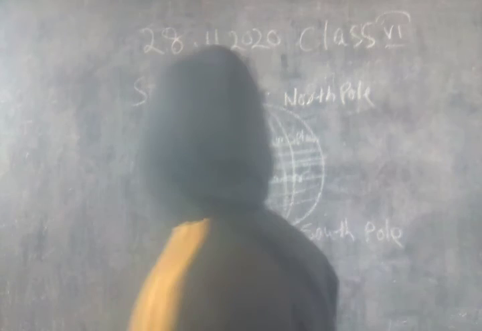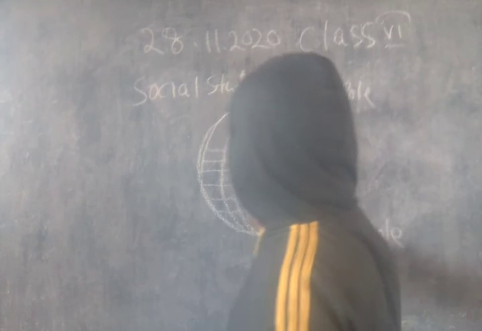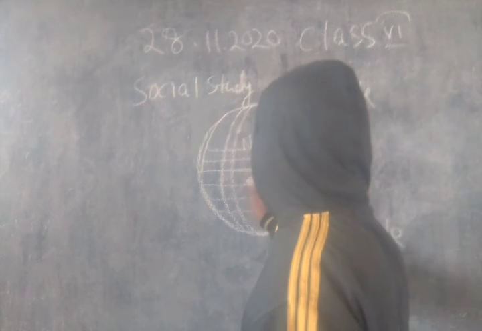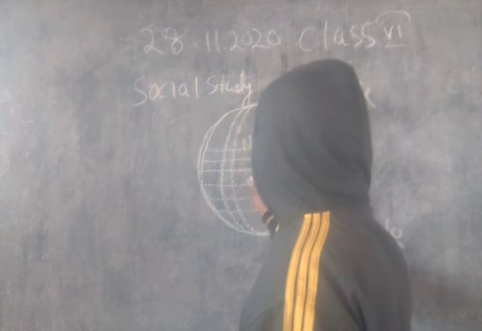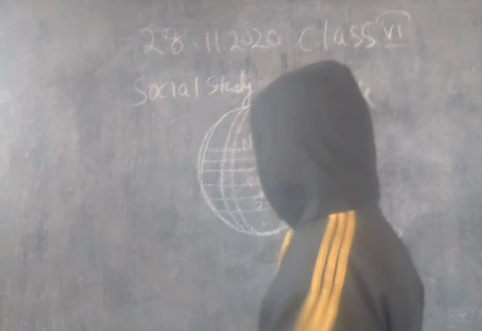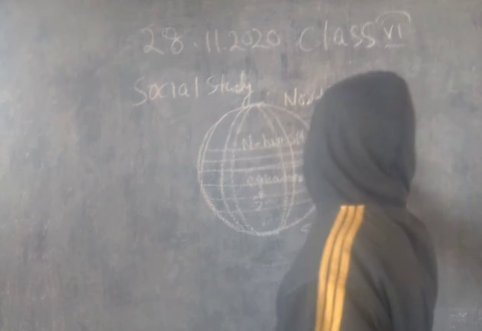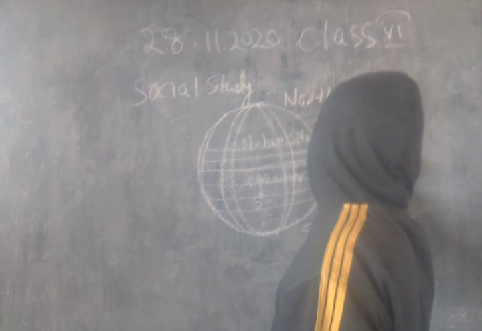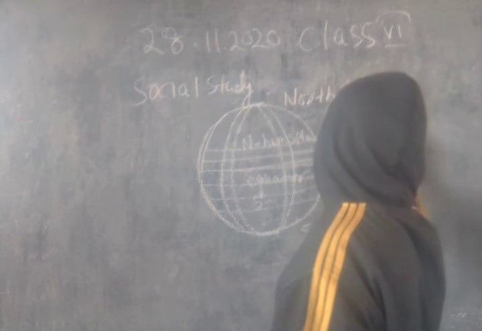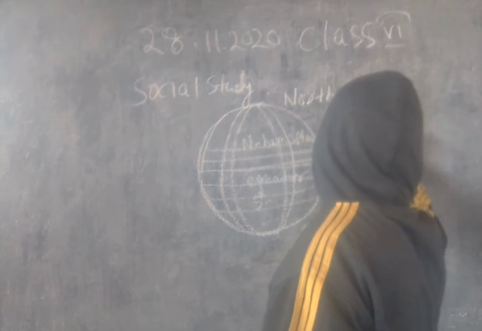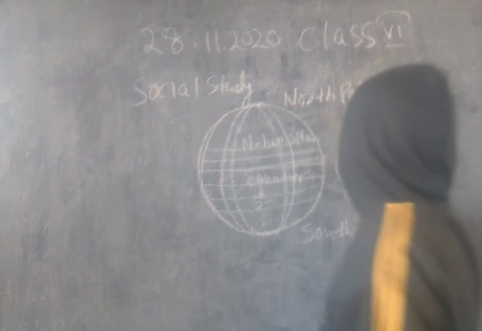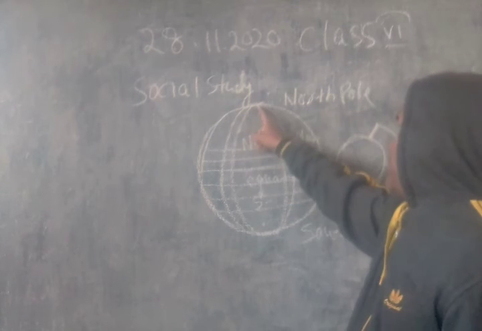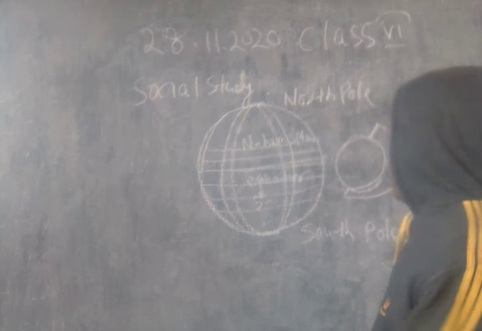Here is a needle. This picture is straight, but the globe is not so. The globe is tilted, like this. So this is the North Pole and this is the South Pole.